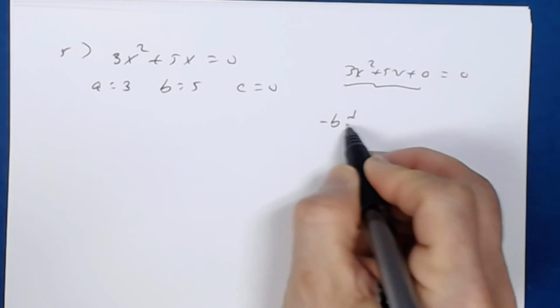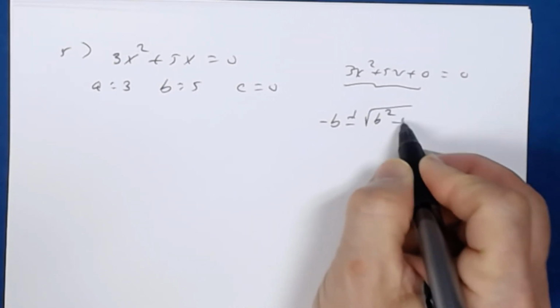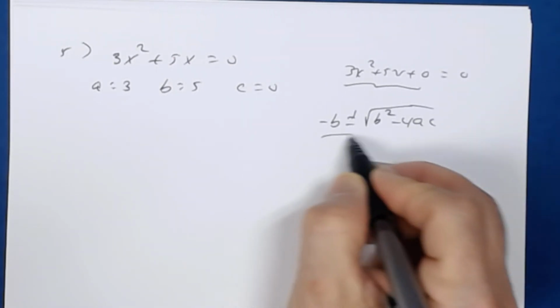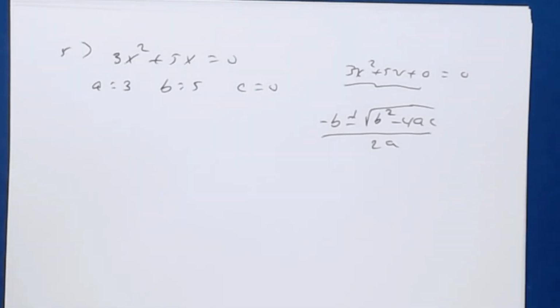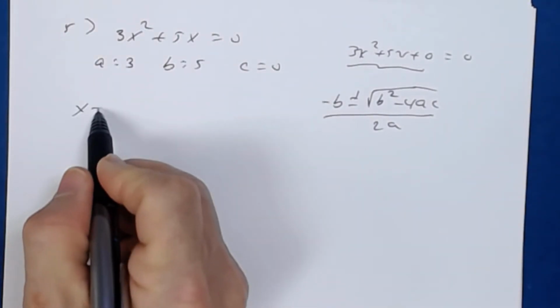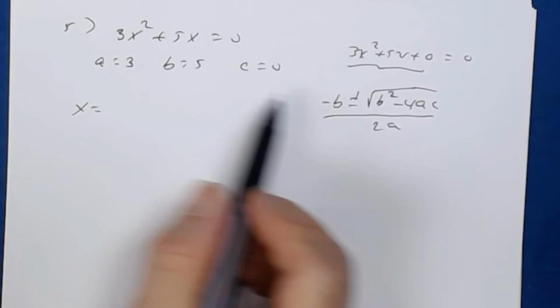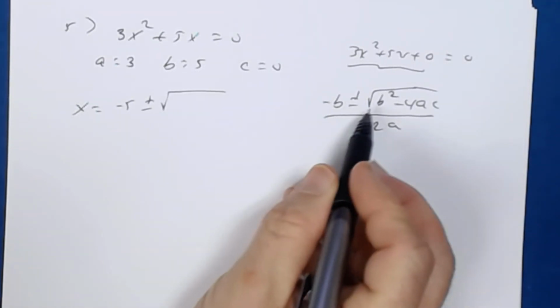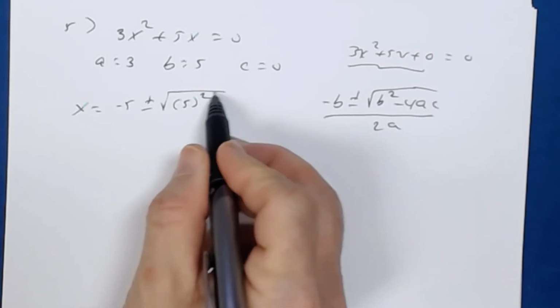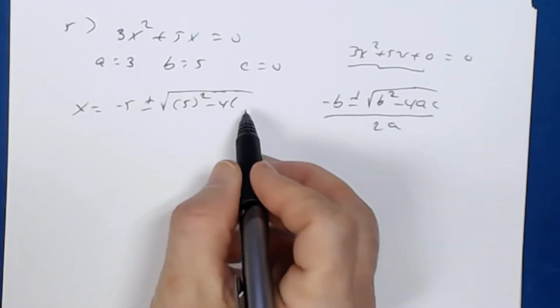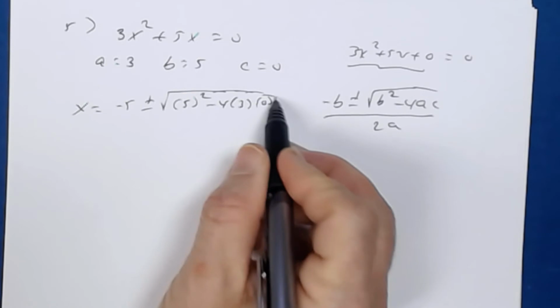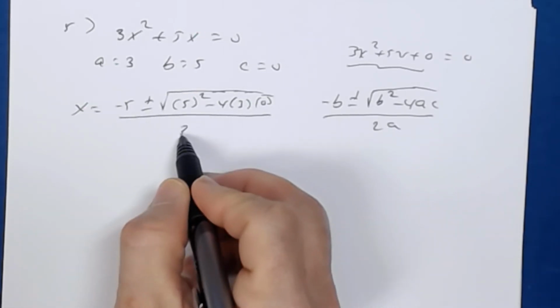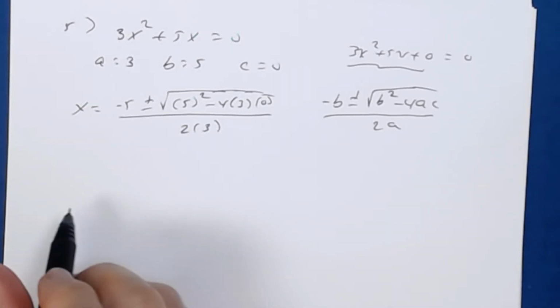All right, now let's go to the quadratic formula. The opposite of B plus or minus the square root of B squared minus 4ac, all divided by 2a. So I get x equal the opposite of b. So b is 5. What's the opposite of 5? Negative 5. Plus or minus the square root of b, which is 5 squared, minus 4 times a is 3, times c, which is 0, all divided by 2 times a, and a is 3.